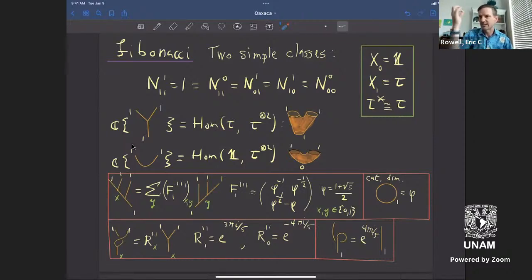You can sort of delete the object labeled by 0, because, in physics, we say it's the vacuum. You tensor with the vacuum, nothing happens. But anyway, in the algebraic point of view it's just that when you tensor with the trivial object, nothing happens. And so here, this is also one-dimensional. It's spanned in this way, just to give you some pictures.